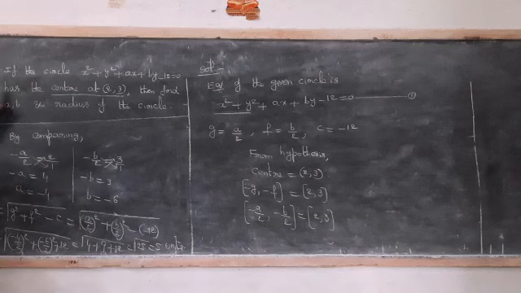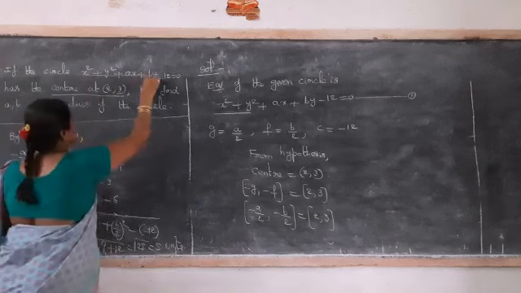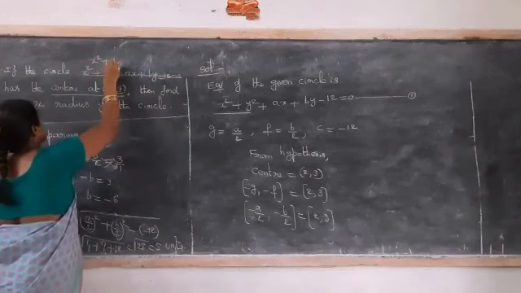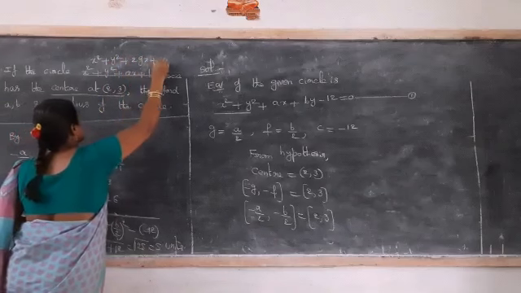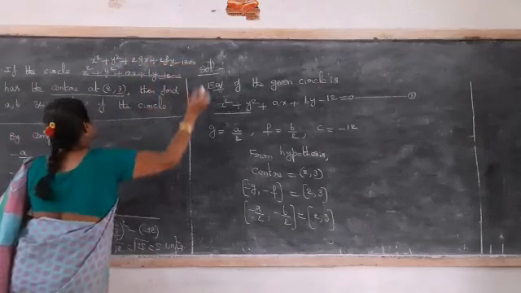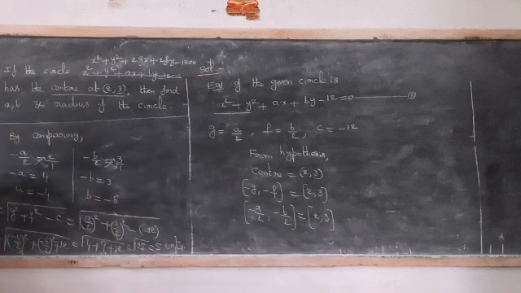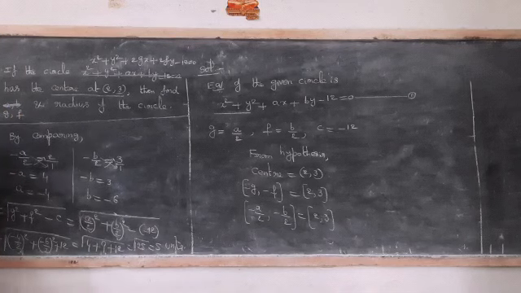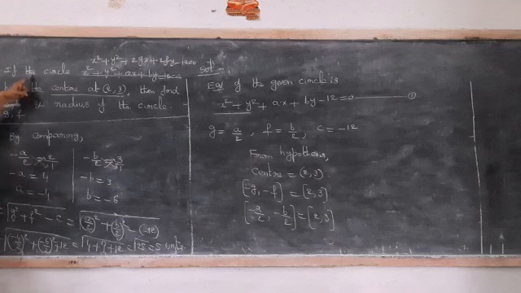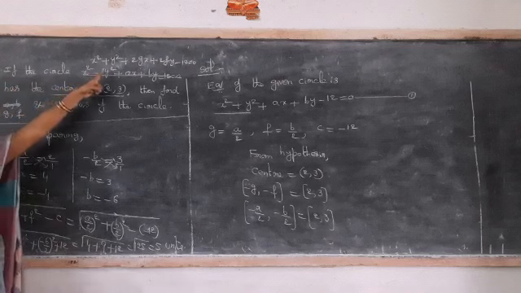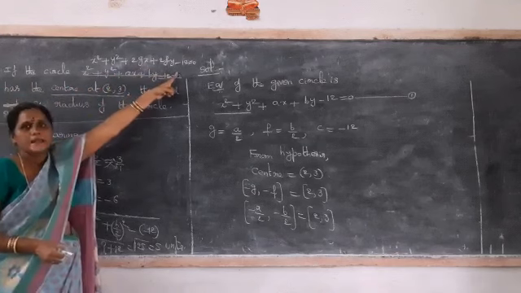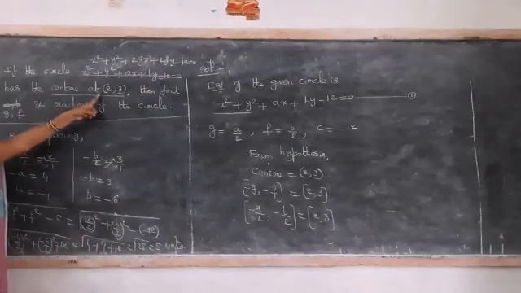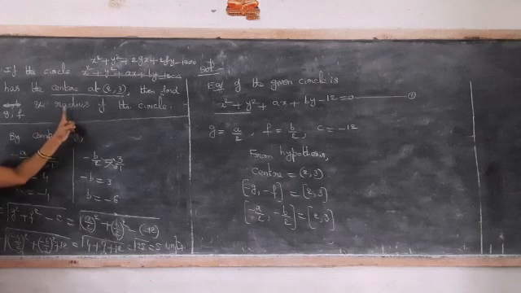If the circle x square plus y square plus 2gx plus 2fy minus 12 is equal to 0 has a center at 2 comma 3, then find g comma f and radius of the circle. This is your homework problem.